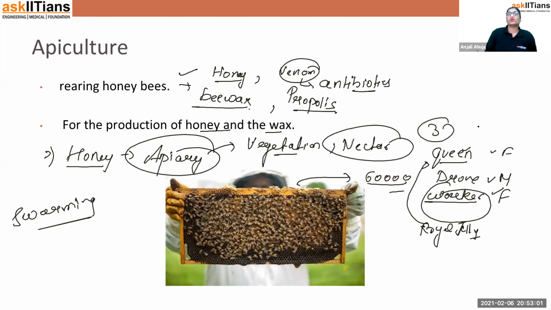Now, queen is the female which is producing eggs. Queen produces two types of eggs. In a day, queen can produce 2,000 to 3,000 eggs.